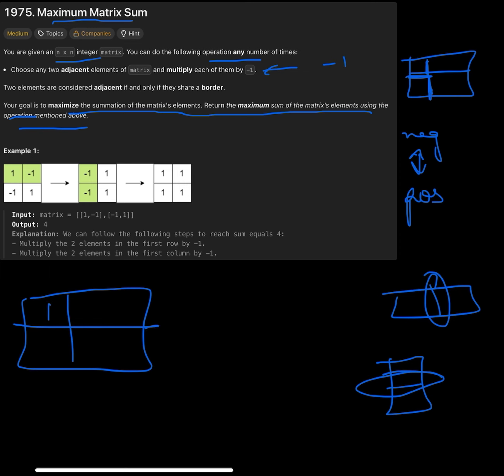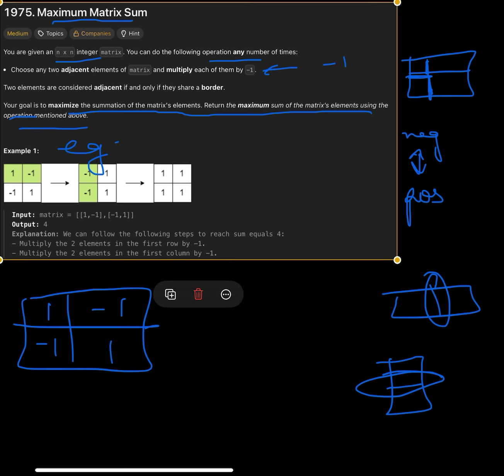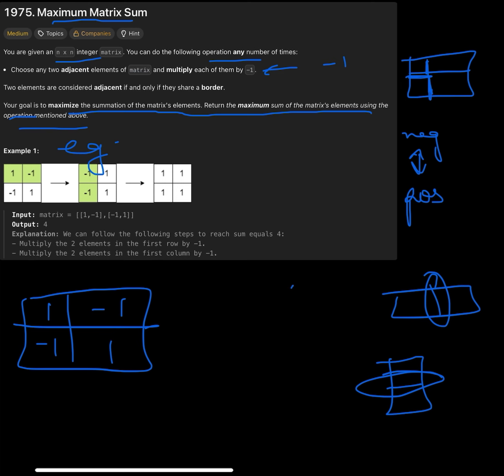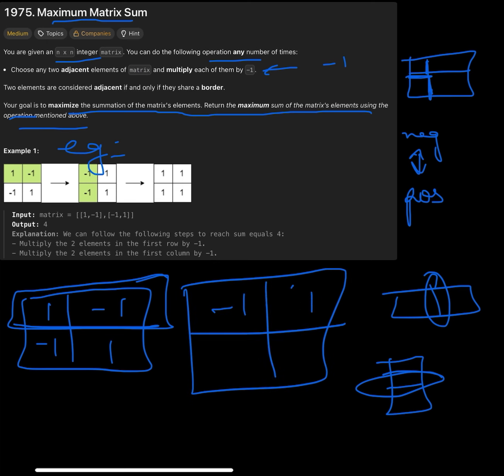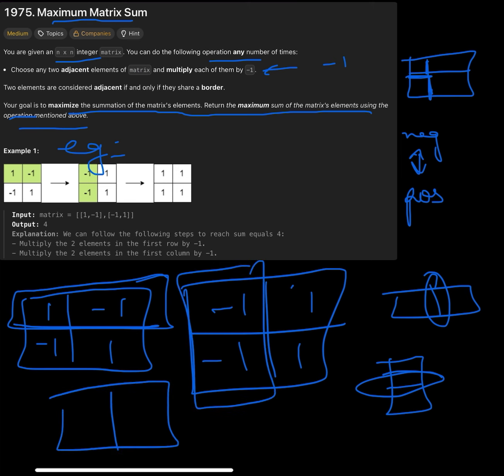Suppose it is given 1, -1, -1 and 1, which is our example 1. What we are seeing here is, first we'll take this column and make it -1 and 1 by multiplying it by -1. Then we'll take this column and make it 1 and 1.